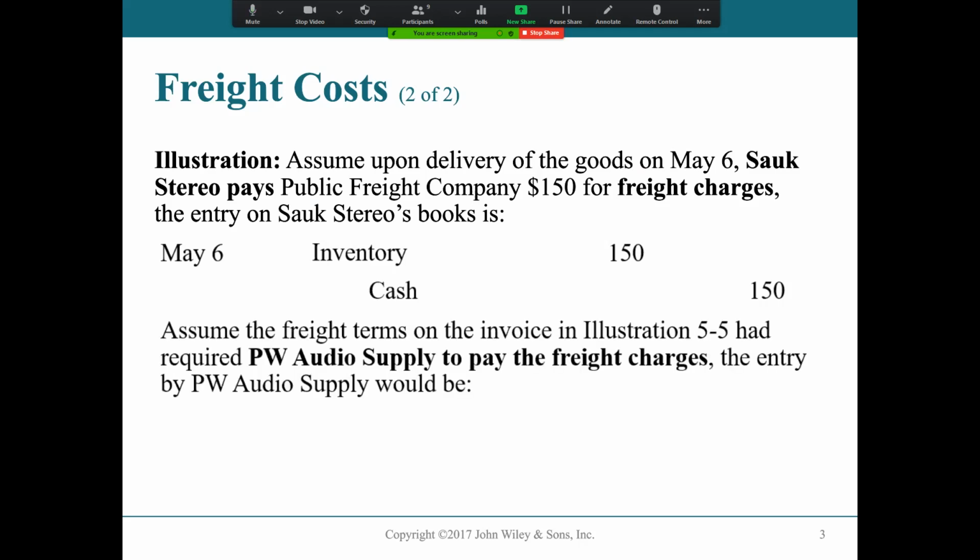If we did it the other way and the supplier was paying for the freight, they would just debit an expense called freight out, or sometimes it's called shipping expense or freight expense. Different businesses will give a slightly different name. So if you're the seller and you're paying for the cost of shipping, then you just expense it right then at that point.